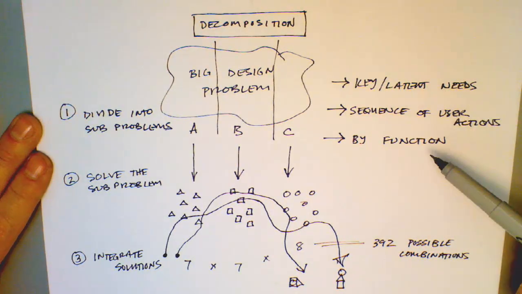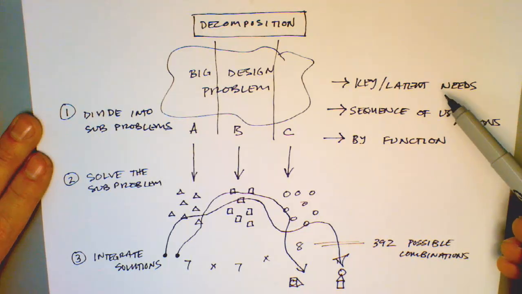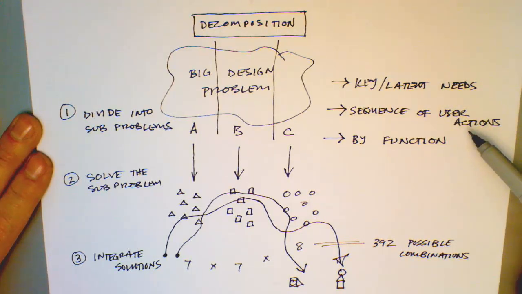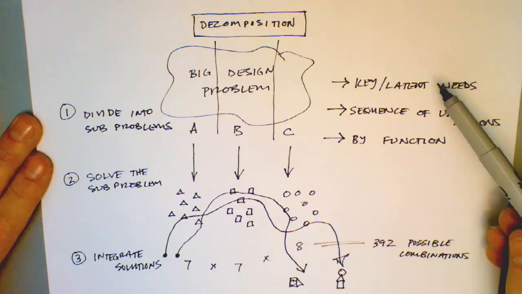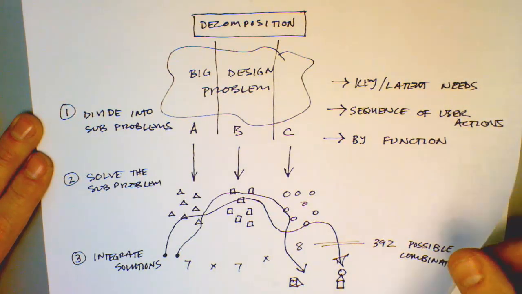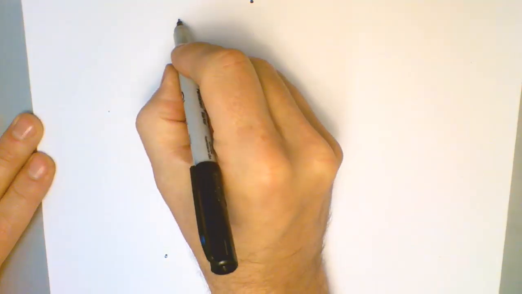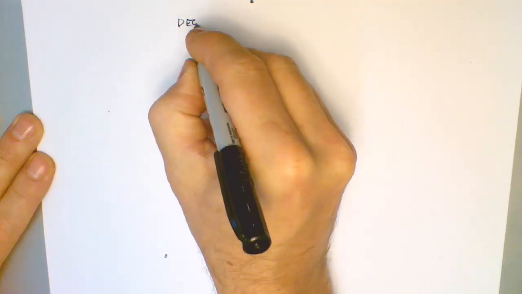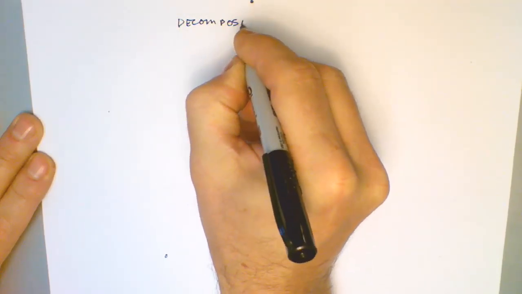I said there were at least 3 ways to do that: by key or latent needs, by sequence of user actions, or by function. Let me illustrate how to do it by key or latent needs. So if we go to our cart example, we had several latent needs.